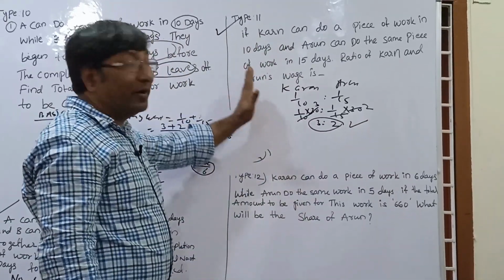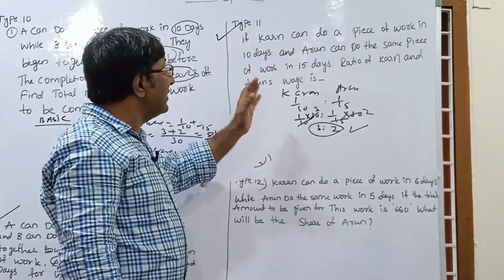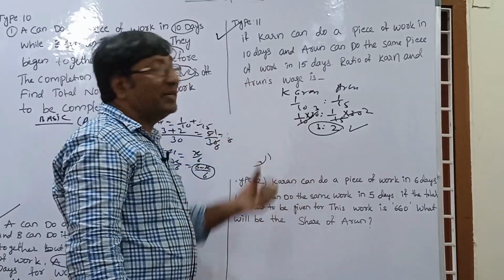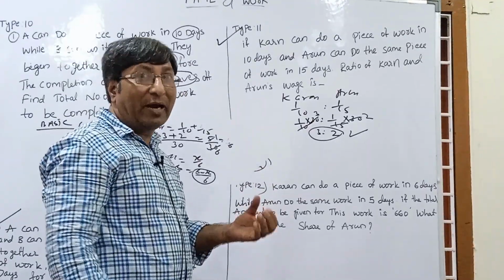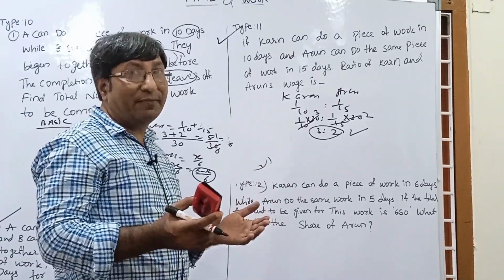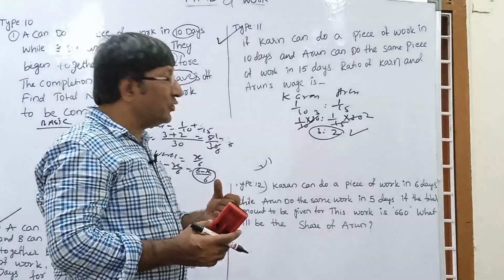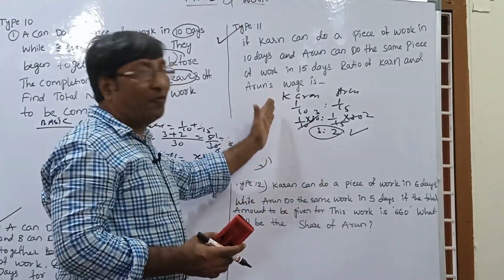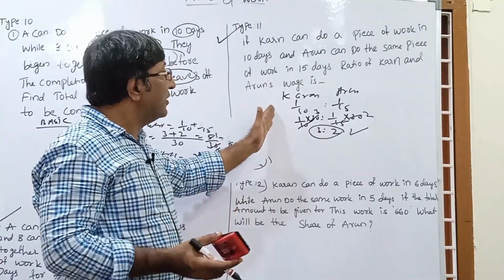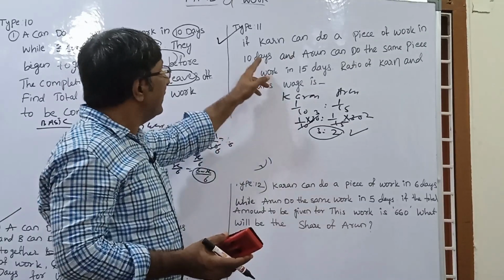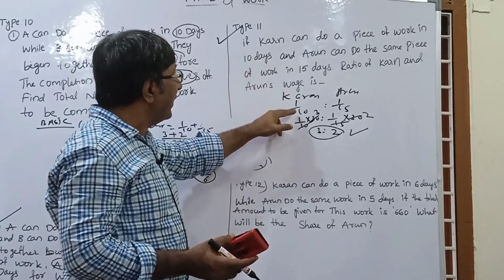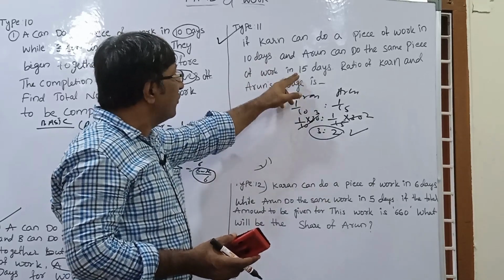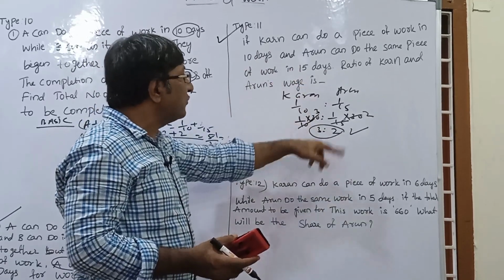So what is the funda of this question? When a condition like this is given and we have to find the ratio of wages or their share, first see that the ratio of work will be the ratio of their wages. The ratio of work: Karan does 1 work in 10 days, so in 1 day it is 1 by 10. In the same way, Arun in 15 days, so 1 day's work is 1 by 15.